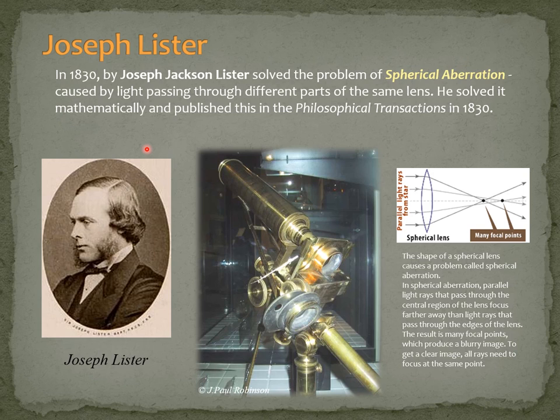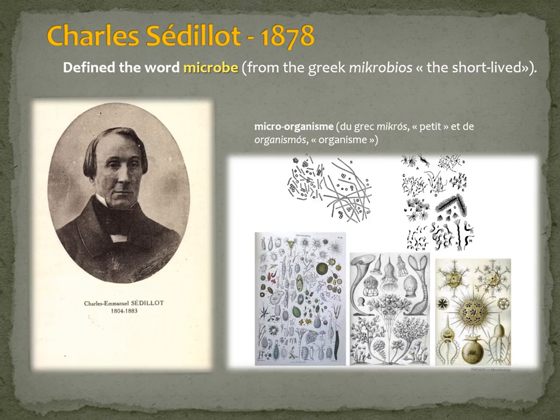He published his discovery in 1830, and this allowed the construction of lenses that are capable of correcting the spherical aberration that we were just mentioning. So this allowed the manufacturers to design lenses already prepared to correct spherical aberration.